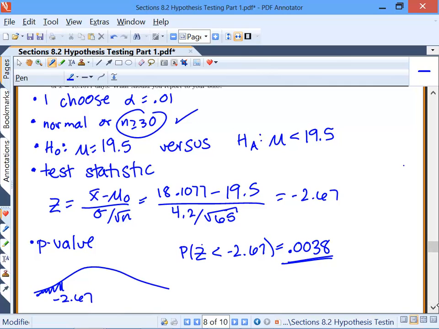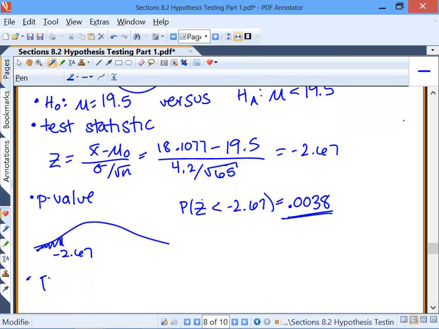So what this tells me is that if my population mean really is 19.5, then the probability of my getting an 18.1077 sample mean, or something less, since that would be more extreme, is only 0.0038. How do you feel about that null hypothesis that my population mean is 19.5? Not very good.